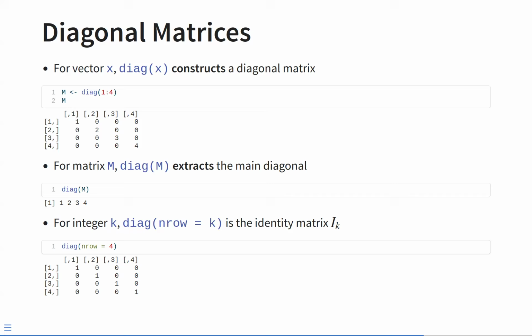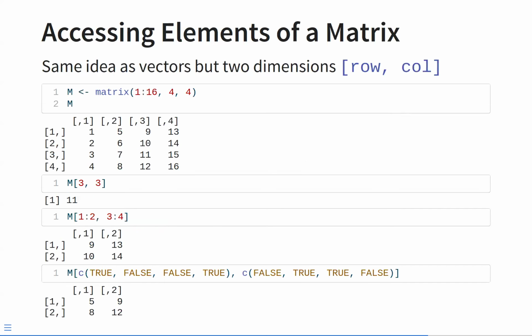If you just want the identity matrix, you can also use diag to get it. All you have to do is specify diag and then the number of rows that you want. If you don't specify the elements of your diagonal matrix, R will simply default to giving you the identity matrix.